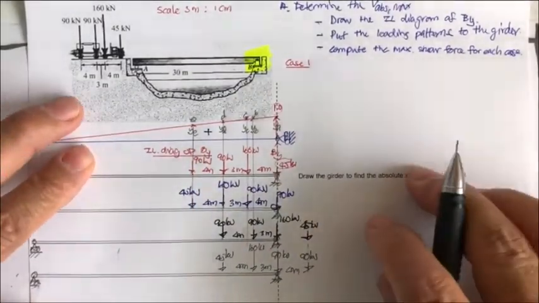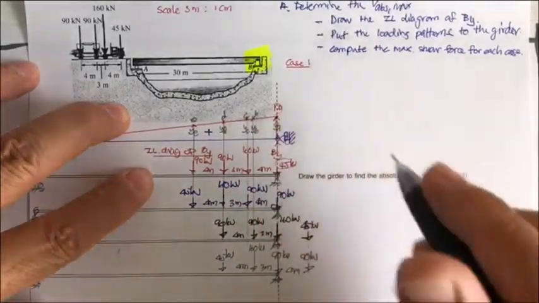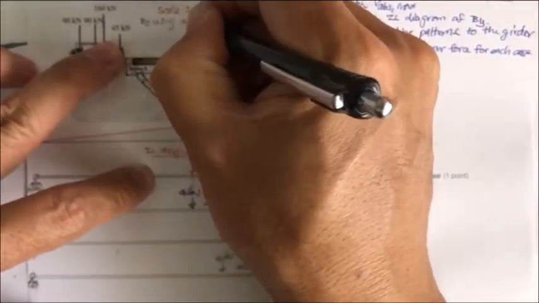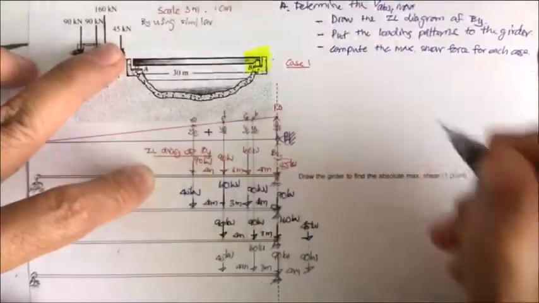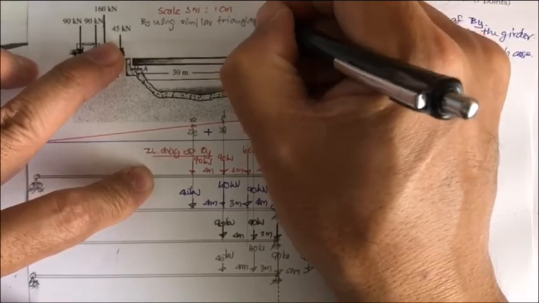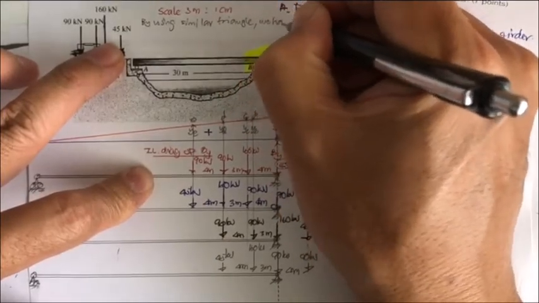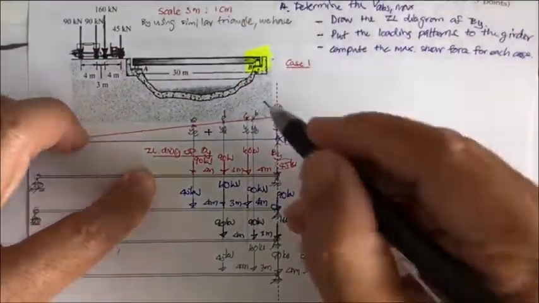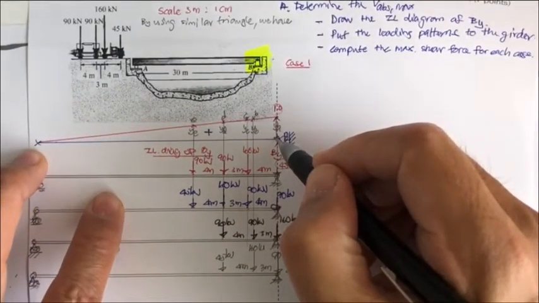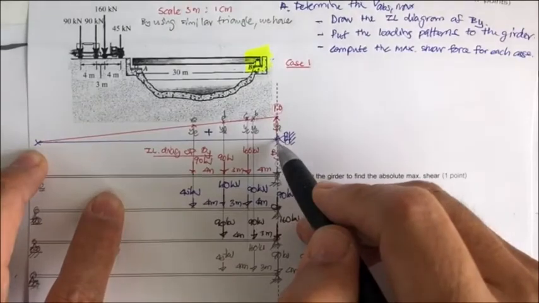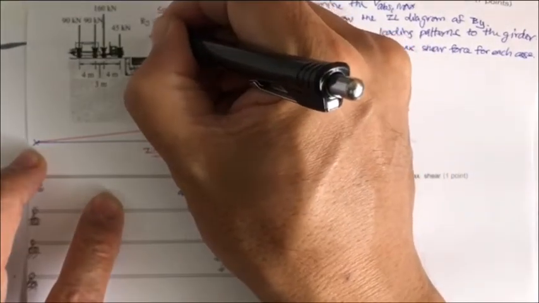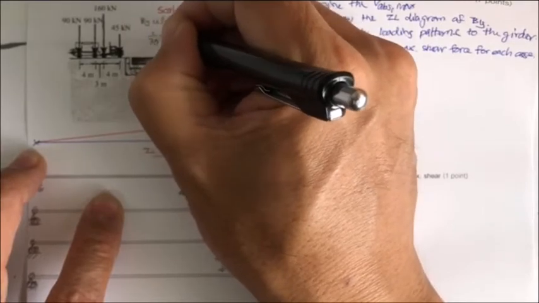And by using similar triangles, we have 1 divided by the total length of the beam of 30 meters, so 1 divided by 30.